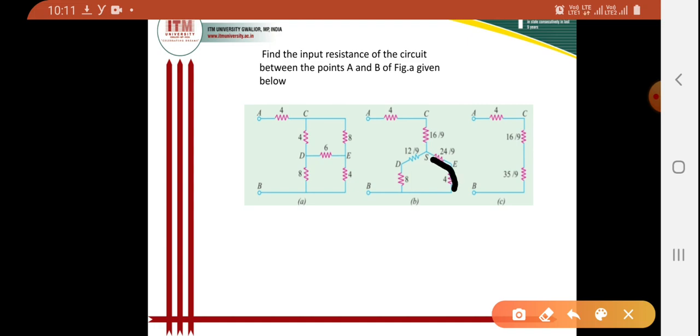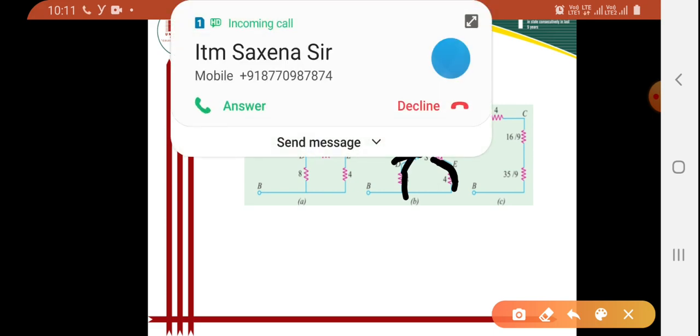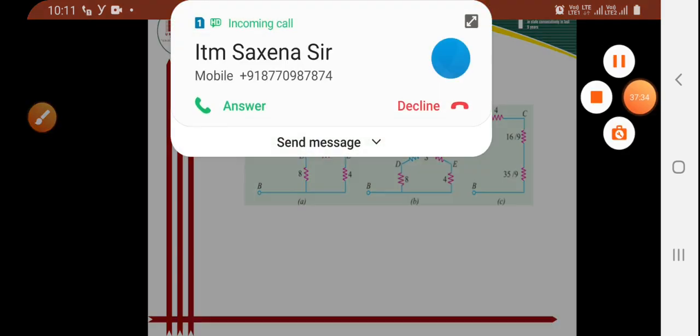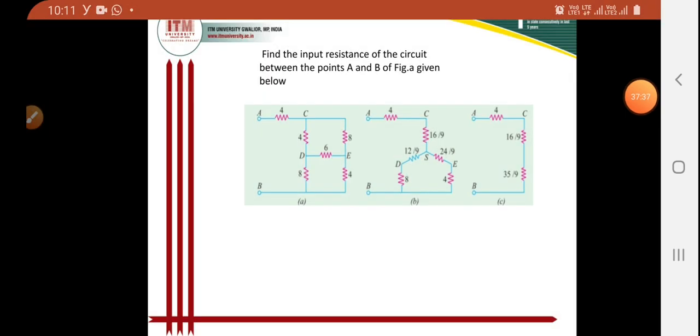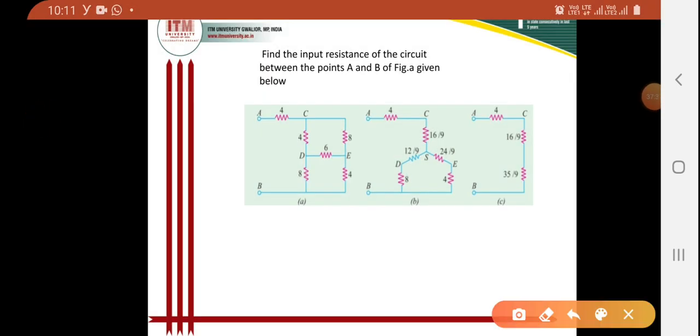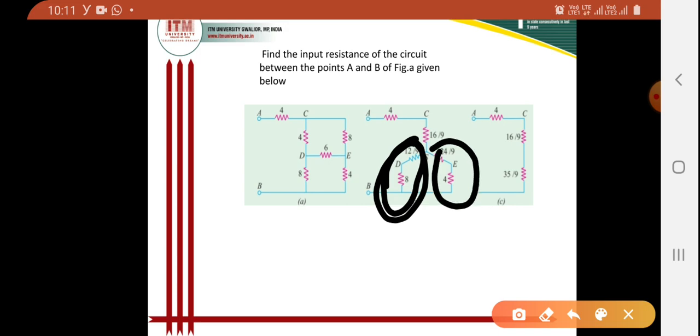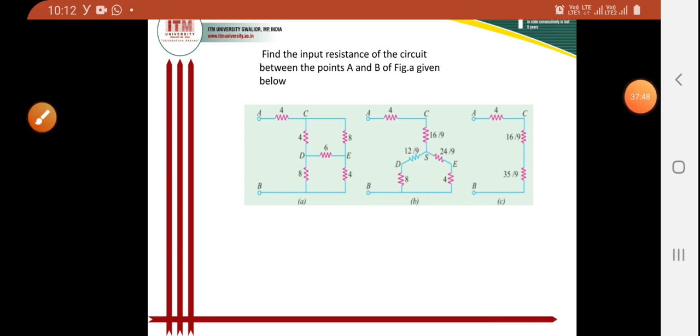Then we get the equivalent resistance. Here also we have to add this resistance and this resistance, because these two are in series. After adding, we can get the equivalent resistance of this series connection, and of these two.